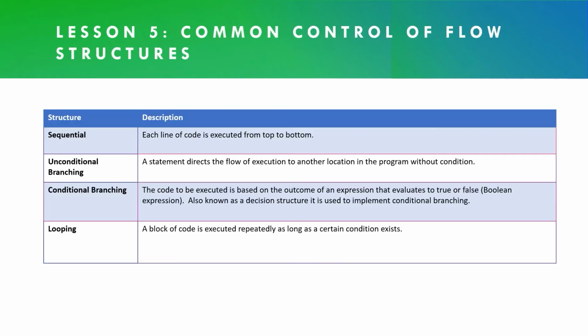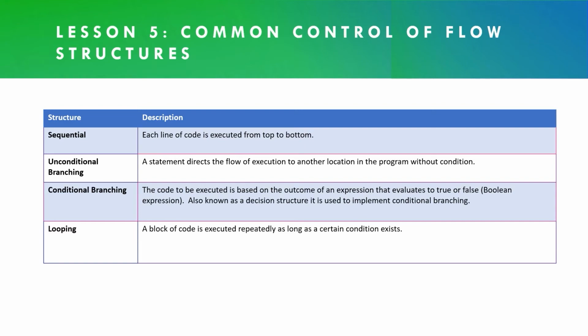So here you're seeing the common control of flow structures. You have sequential, which we've already discussed. You have unconditional branching, and you've seen that already. You're just not aware of it yet. That's a statement that directs the flow of execution to another location in the program without condition. So when we created a calling procedure, that is unconditional branching.